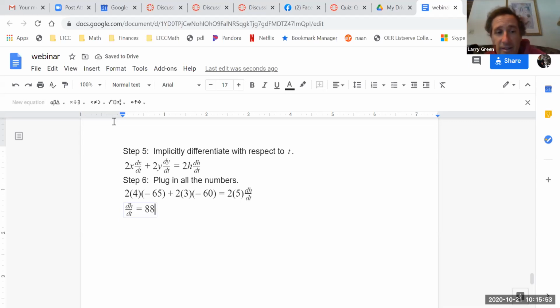What are the units? Yeah, miles per hour. And that's how fast we're approaching each other.